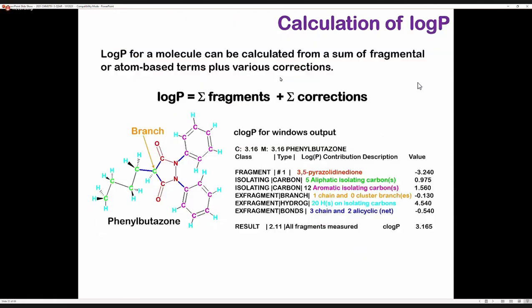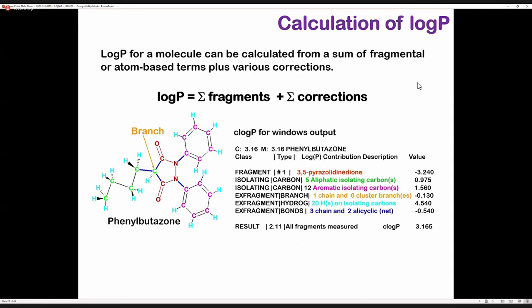Okay, so these are examples with a big molecule here. So for example, if you have a molecule, make sure that you identify the substituents, or where you want to calculate the contribution.